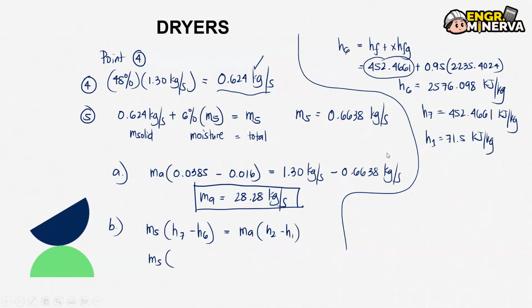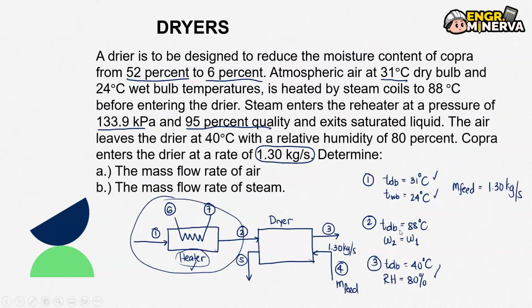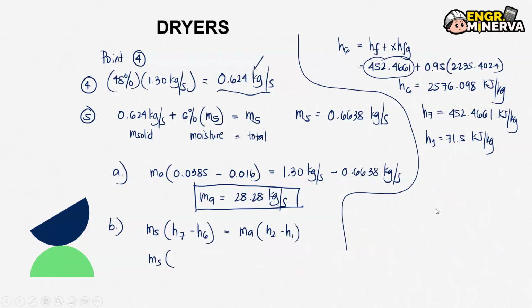At point 2, can we check it in the psychrometric chart? This is 88 degrees Celsius. I think we could not check this one in our psychrometric chart anymore because that is a very high temperature, because we are heating here.